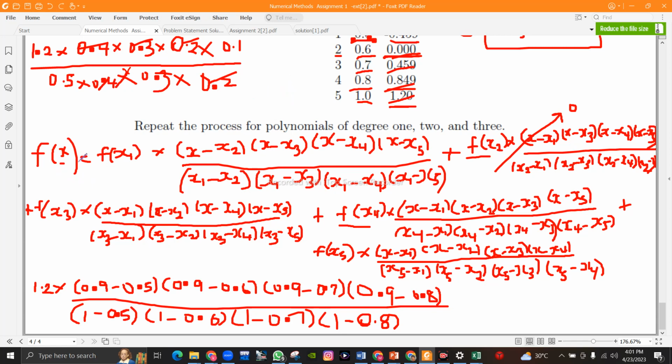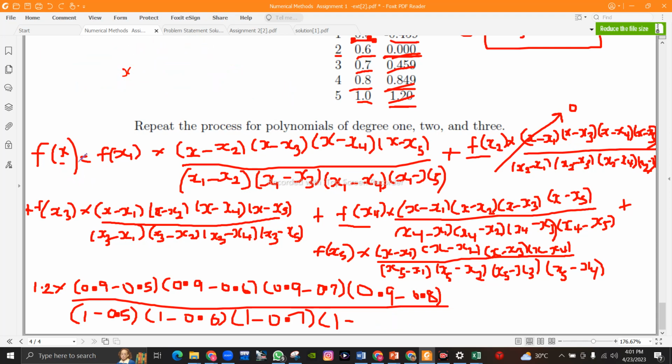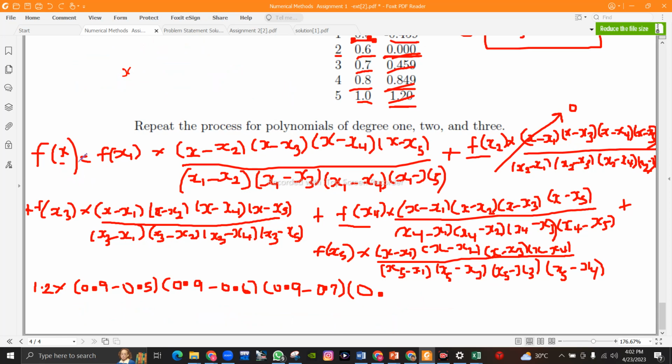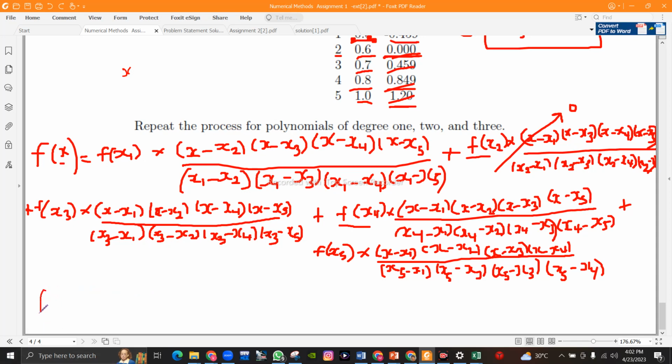So let's add all values. We've gotten a value for each of the expressions. So our f of 0.9 is now equal to the value we got for the first one, which is 0.0918, plus the value for this is 0, and the value for x3 was minus 0.918.